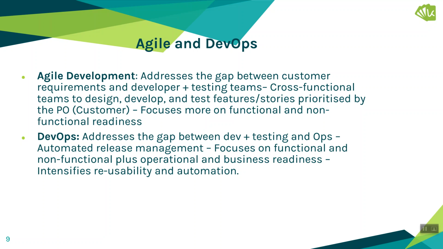That requirement is accomplished using the DevOps methodology. DevOps addresses the gap between dev plus testing and operation. Automated release management focuses on functional and non-functional plus operational and business readiness. It intensifies reusability and automation. DevOps integrates all the tools which the development team, operation team, and admin team use.